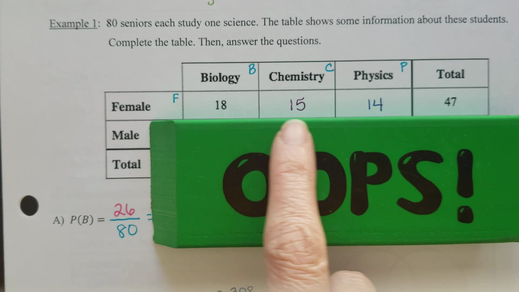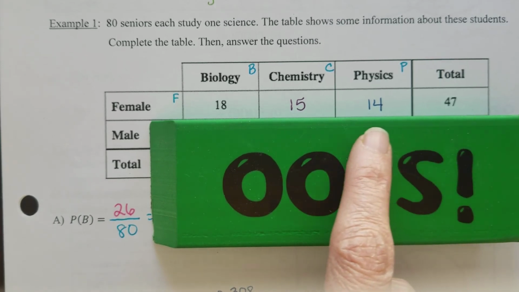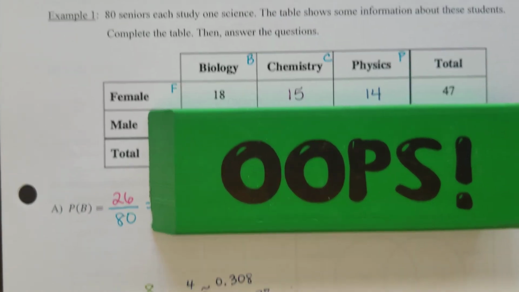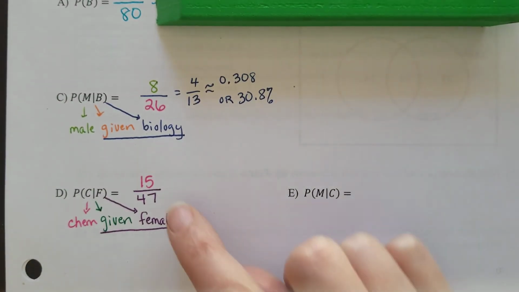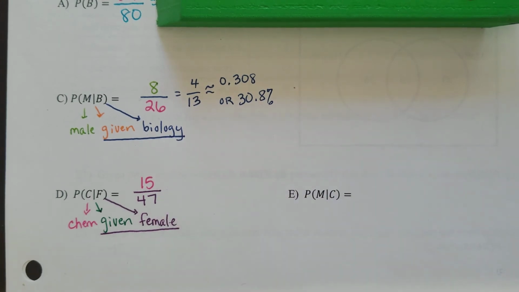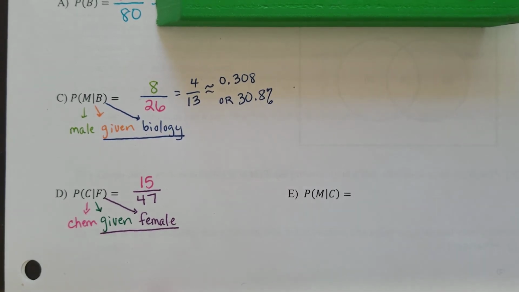In this row, we are looking specifically for the students enrolled in chemistry, so my numerator is 15. And so you'll see my fraction is 15 chemistry students in the group of 47 girls. All right, I'm not going to walk you through this one. Try E, and then I'm going to unpause it and give you the answer here in just a minute.